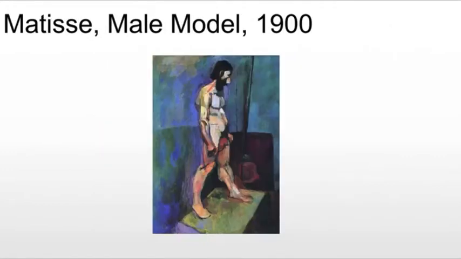Just like here, we see the idea of a man, that simplification. We all know what it is, but we haven't seen it that simplified. So he's trying to figure out how little information can he give us that we can still interpret properly. So we see a very traditional academic form transformed to become an early modernist work. And then we're going to start to move into the Fauvist period.